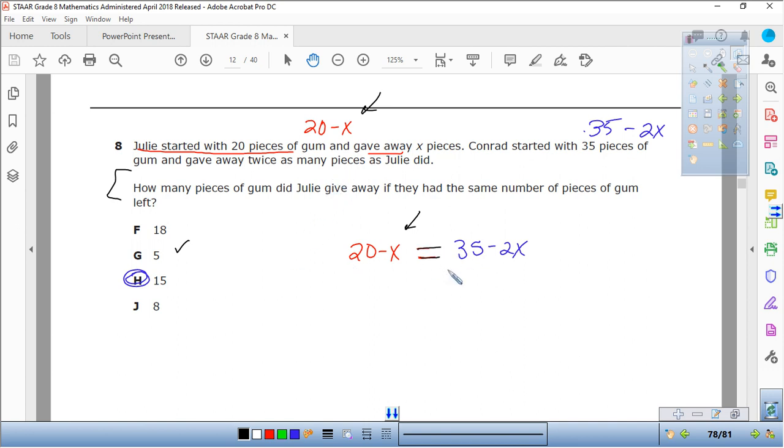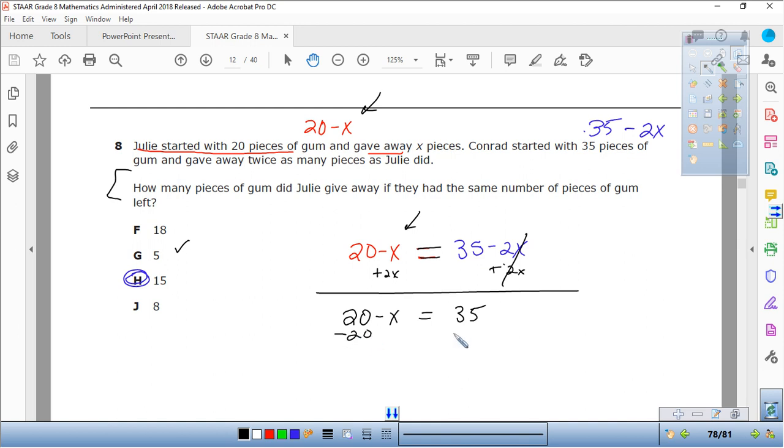So where am I at? To solve for x here, I'm going to find the smaller amount of x's and get rid of that one. So I'm going to add x to both sides. These cancel out here. This gives me x. Now over here I have 20 minus x equal to 35.